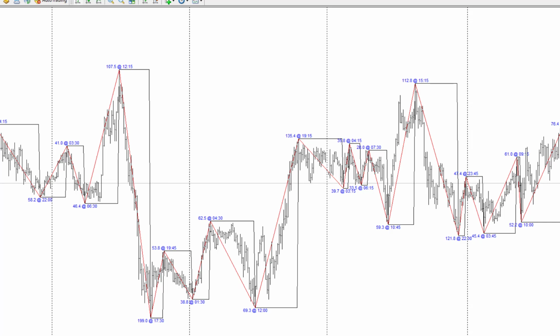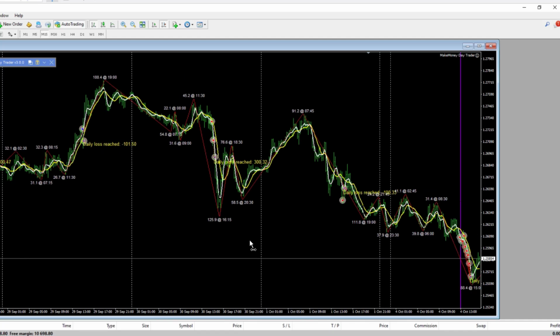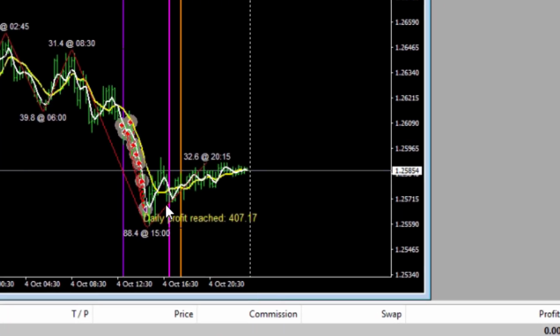And this tool is going to make a big difference to my analysis of my past results when I superimpose this information over my past trading. Now here's an example where I've superimposed the trend timer over actual trading that I have done, using the Make Money Day Trader, and you can see the results have been pretty good.